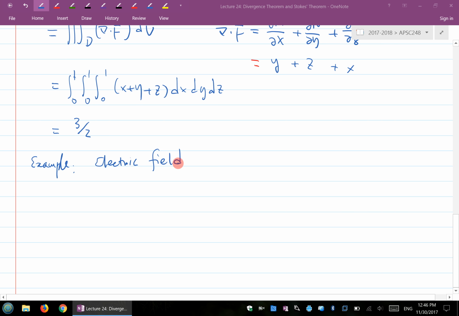Let's say I have an electric field for a point charge. So you have a point charge here, at the origin. And what would be the electric field? So that we can write it down.